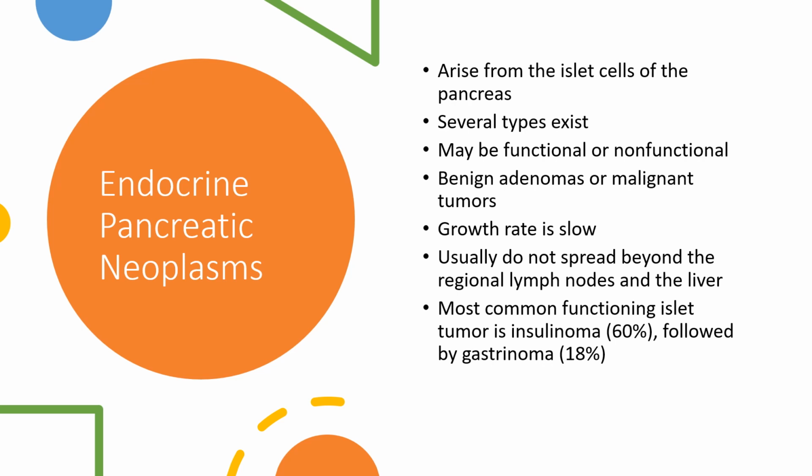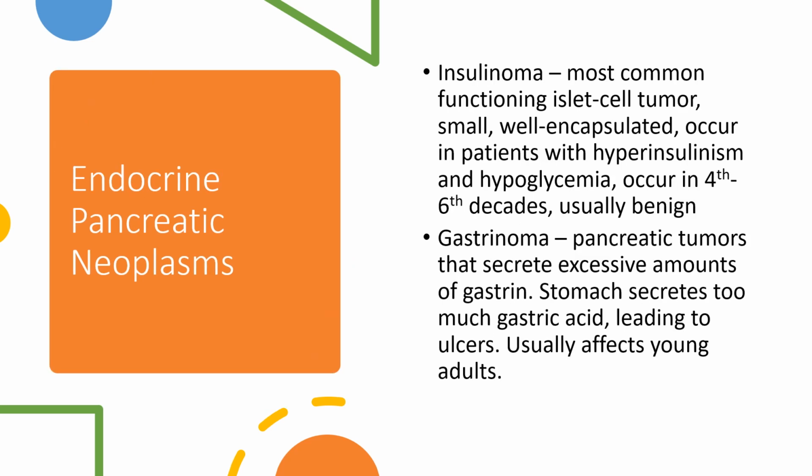The second most common is going to be the gastrinoma. And the gastrinoma is going to be a functioning islet cell tumor. It's produced by the Zollinger-Ellison syndrome, and it's caused by non-insulin secreting pancreatic tumors. They excrete excessive amounts of gastrin, which is why they are called gastrinomas.